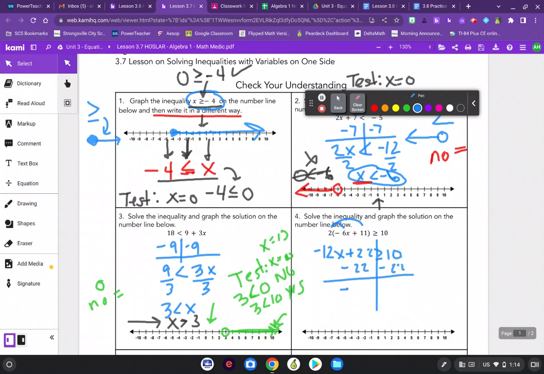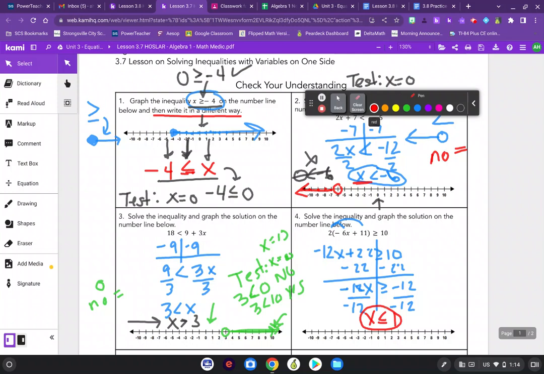Subtract 22, so negative 12x is greater than or equal to negative 12. Divide by negative 12, and one of the things that we talked about in class is that when I divide by this negative number, in order to maintain equality, my inequality symbol has to flip.